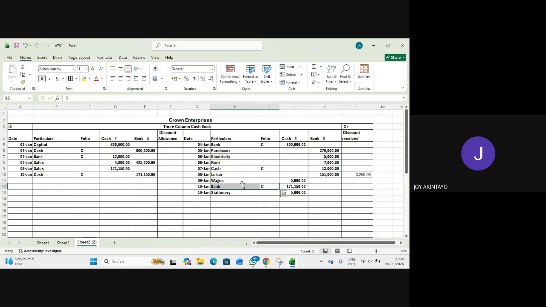So we now see what's the date? That's 12th of January.